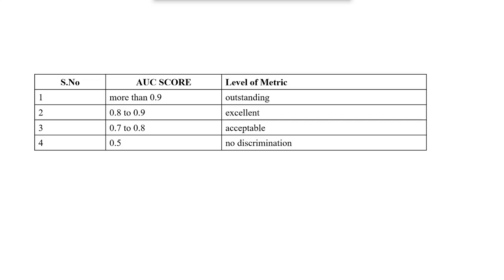So if you see the AUC score and the level of the metric, the AUC ranges between 0 and 1. If the AUC score is more than 0.9, above 90, that is an outstanding model. If the AUC score is between 0.8 and 0.9, that is an excellent model.